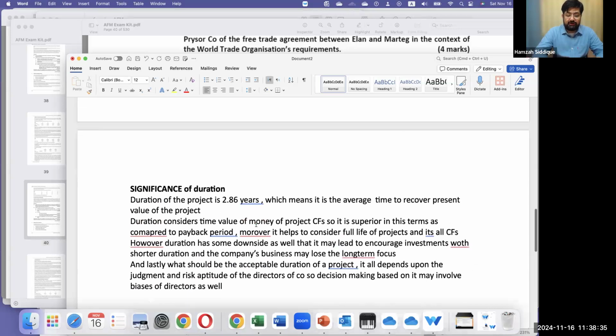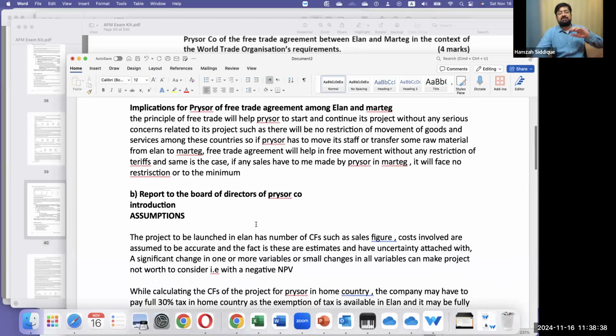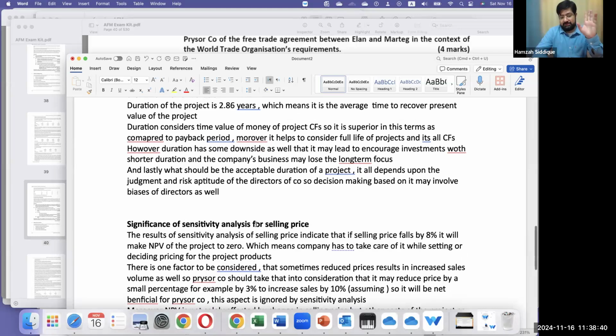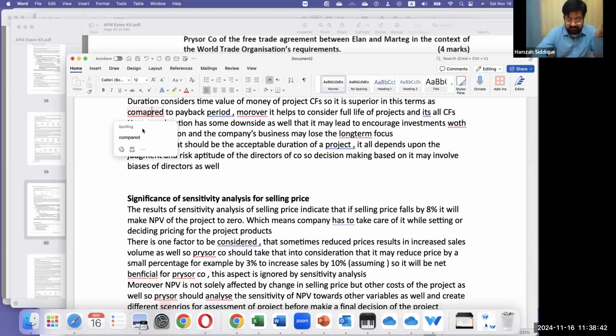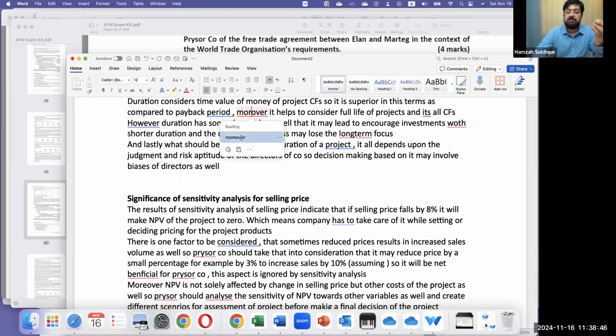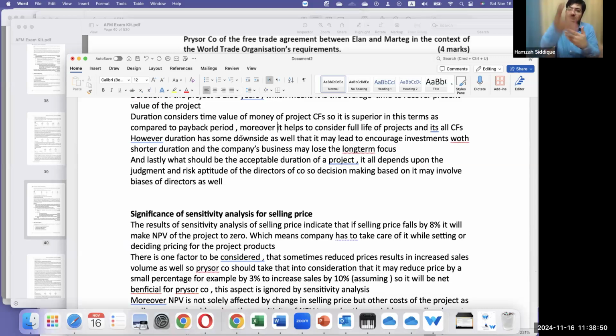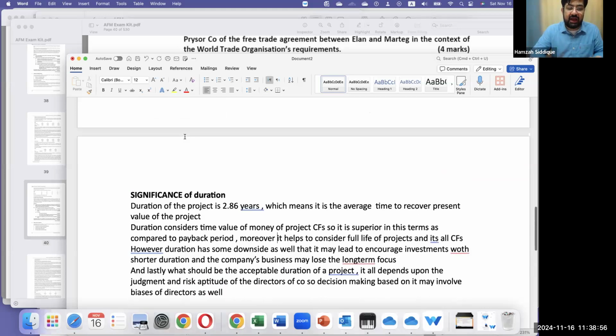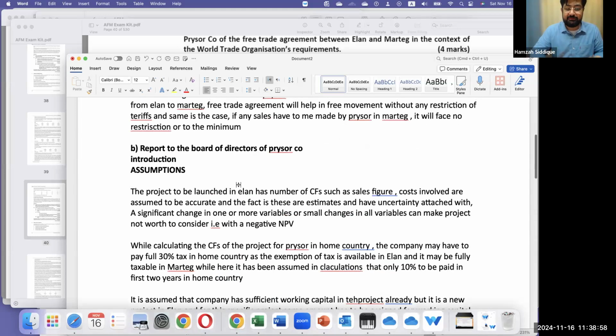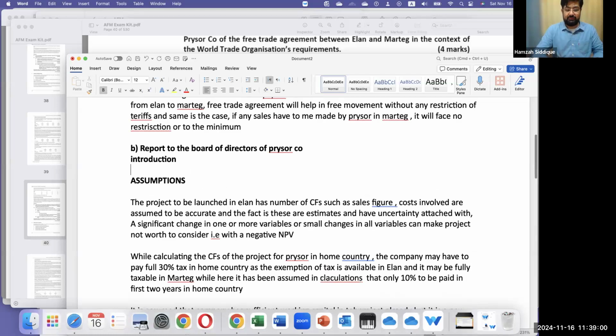Now, further, there was not so much technical in it, what I have written here. It is simply the drawbacks and advantages of duration and sensitivity analysis tailored to this scenario. No rocket science here. So now we have to write introduction paragraph.